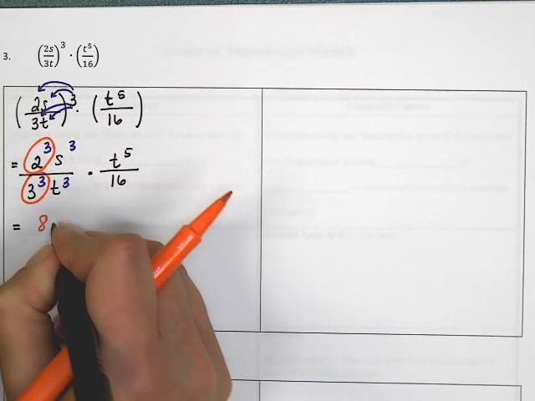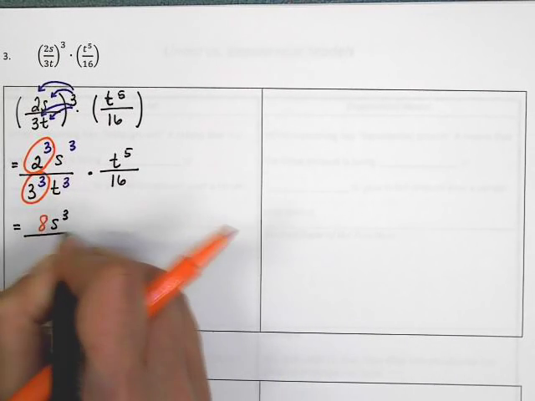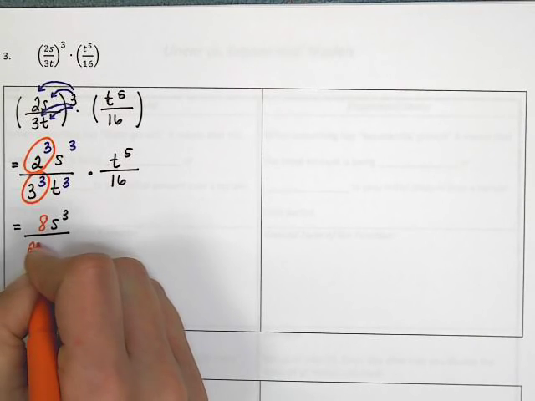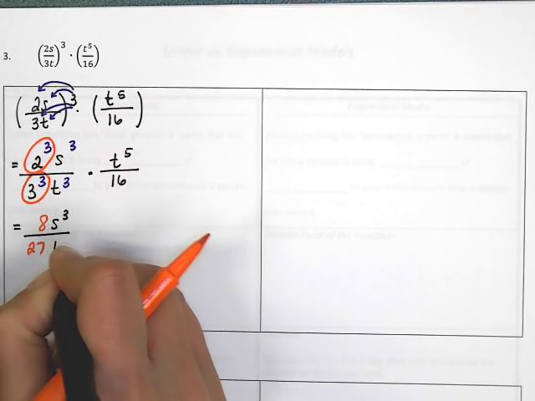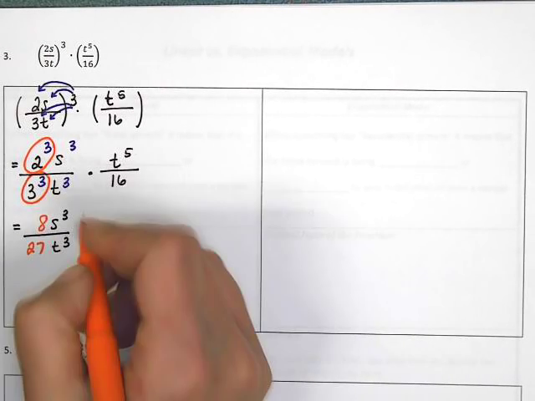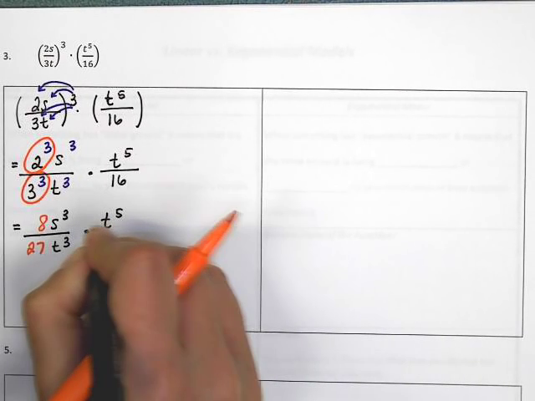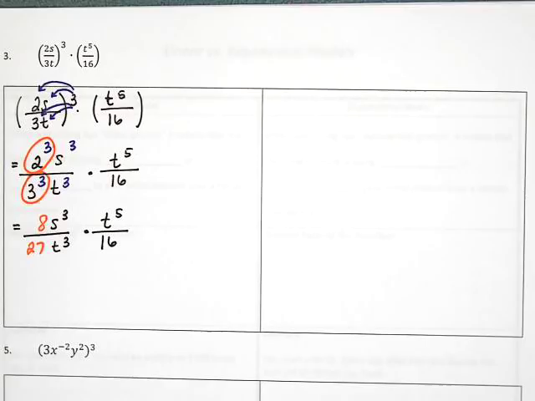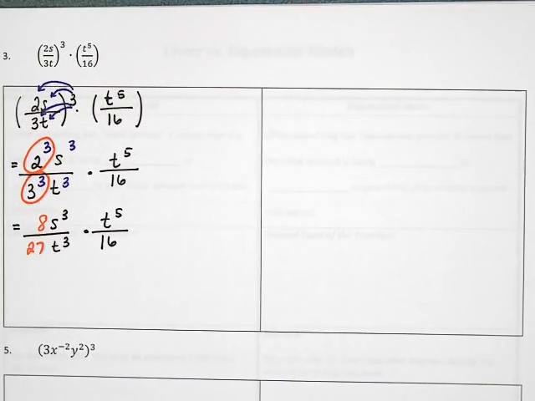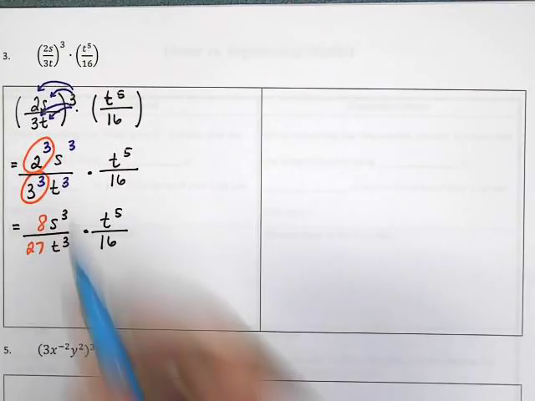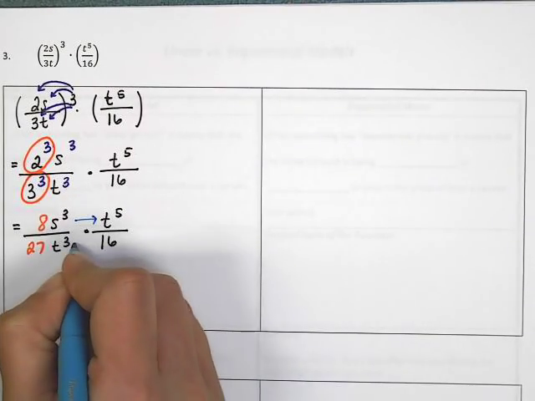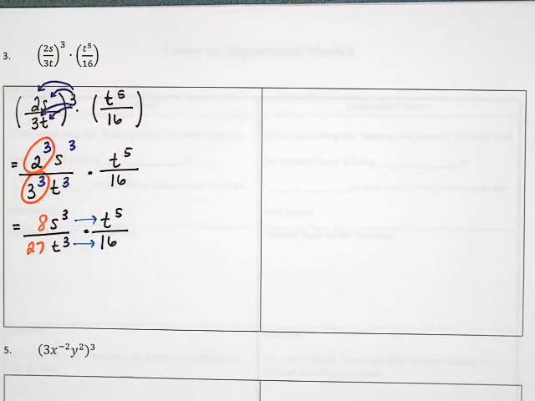s to the third power over 27 t to the third power times, I'm just going to copy the second part of this problem, the second factor, down. Then I could say to myself, well, I know some rules about multiplying fractions. When I multiply a fraction, I can just go straight across the top and straight across the bottom.